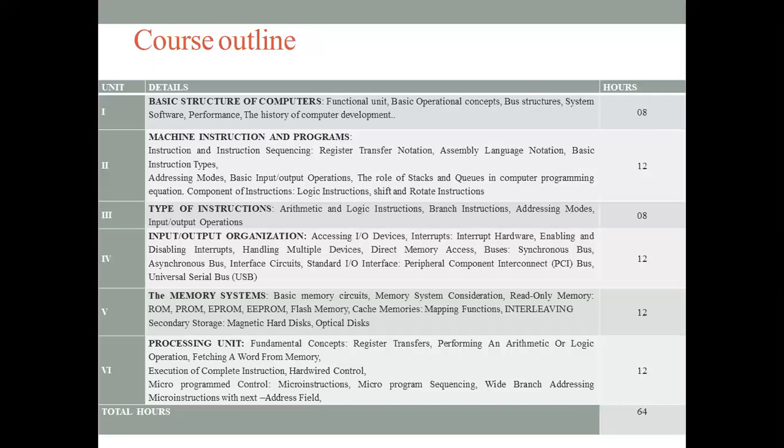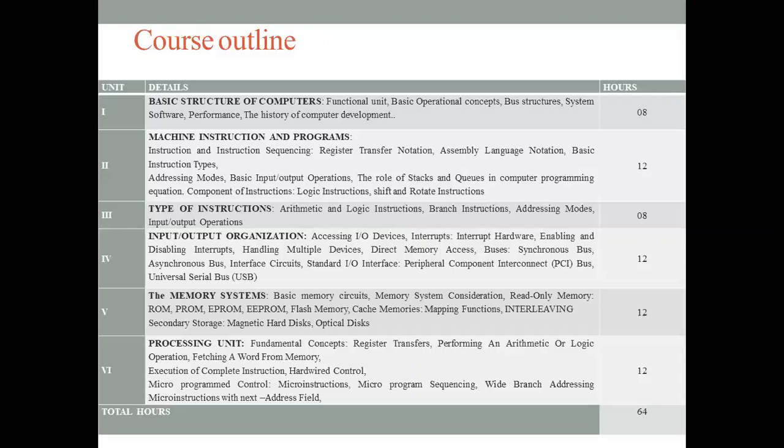We'll also be discussing the different types of buses that are helpful for the movement of data, like synchronous bus and asynchronous bus, and we also study the standard input-output interfaces, that is, USB, universal serial bus, and also peripheral component interconnect, PCI. These are the standard input-output interfaces we'll be studying in unit 4.